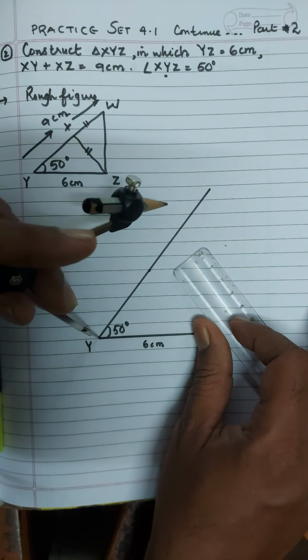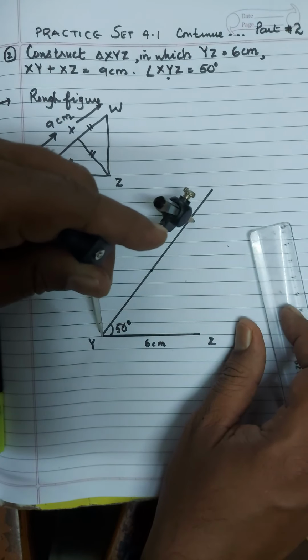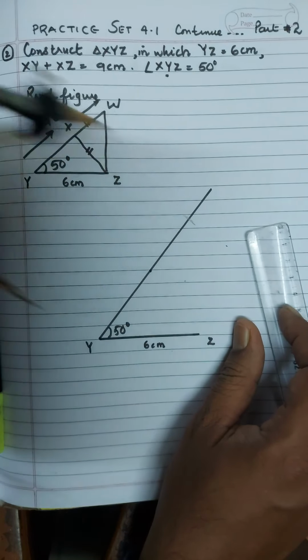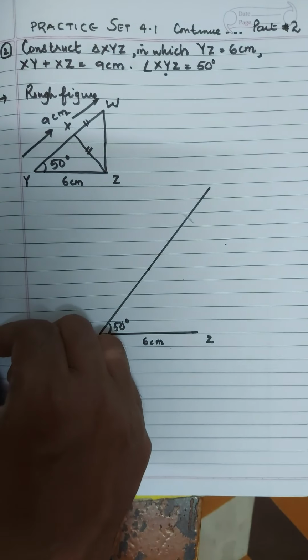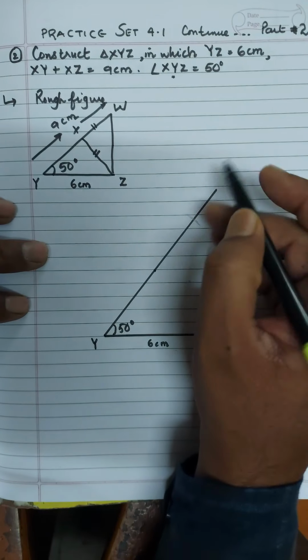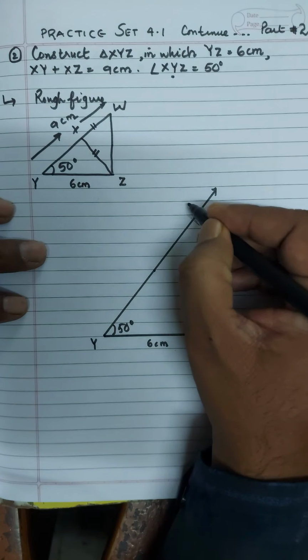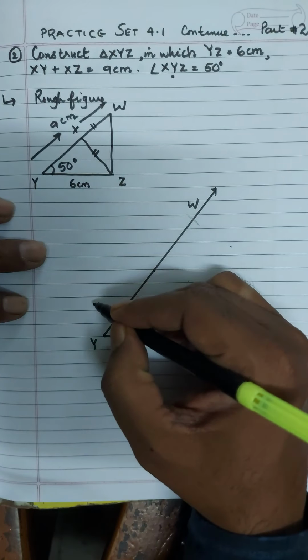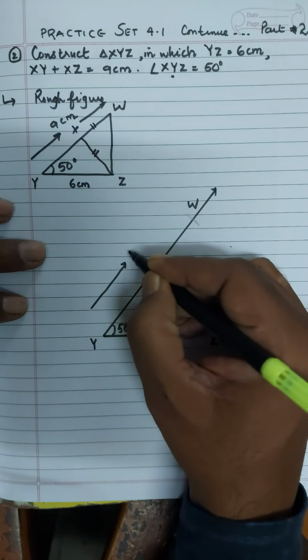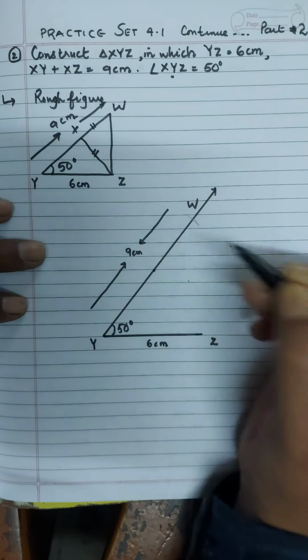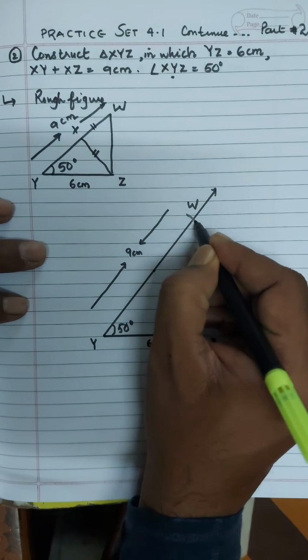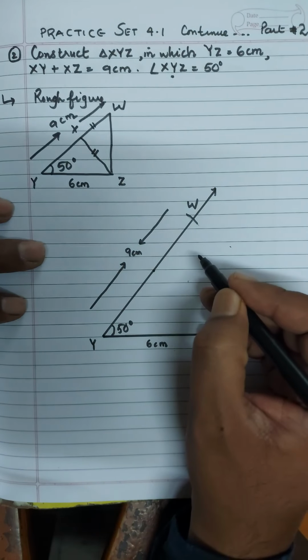We put the compass on Y and make an arc of 9 centimeter. The point we took in the rough figure is W, so we write W here. This is an arc of 9 centimeter, a little bit not visible.